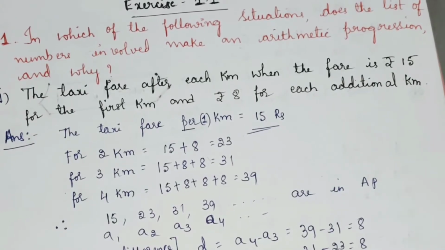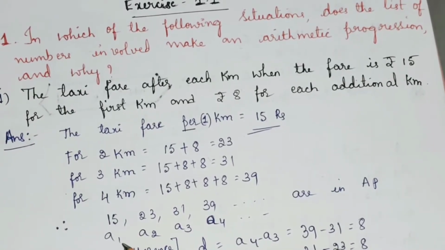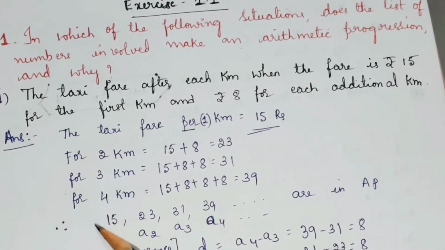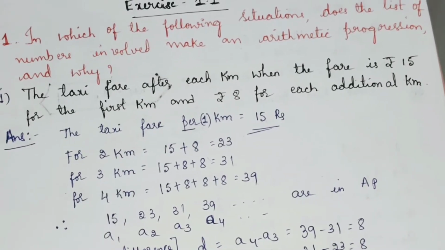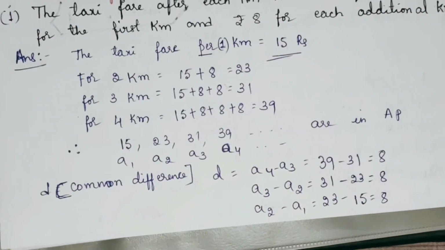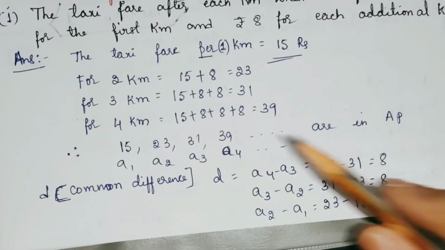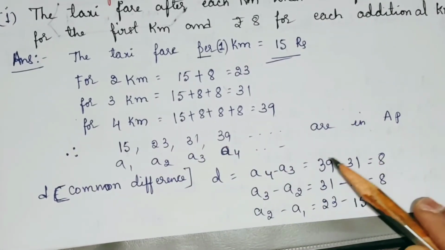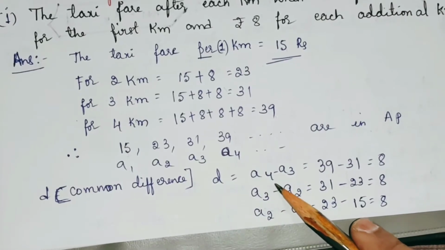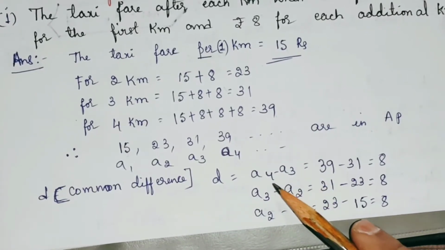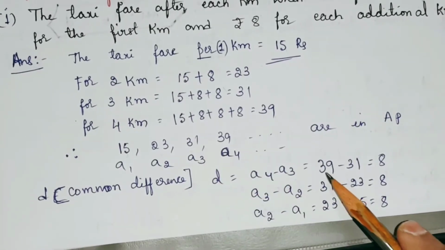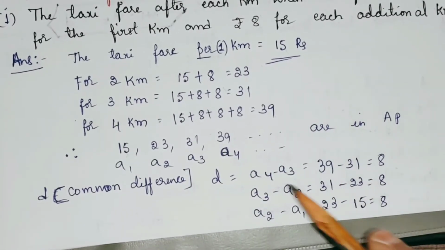Now what you have to do? Think of the first term as A1, second term as A2, third term A3, fourth term A4. Whenever you want to confirm whether the given pattern is in arithmetic progression, the main thing is to find out the common difference. Common difference of fourth minus third term, that is 39 minus 31, is 8.